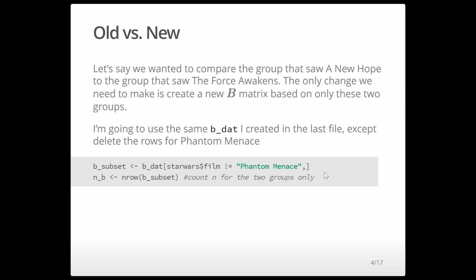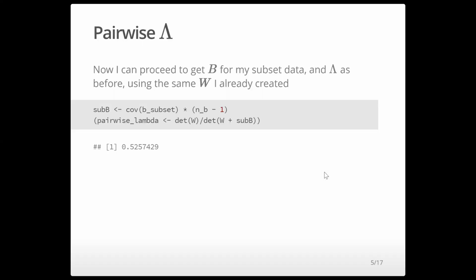Now I only have a data set that contains the observations for A New Hope and The Force Awakens, with the mean vectors replacing the actual observations for each group. Now I can get my B matrix from my subset data, and then I can get lambda just the same way I did before, using the same W that I'd created previously, which was just the W matrix from the full data set.